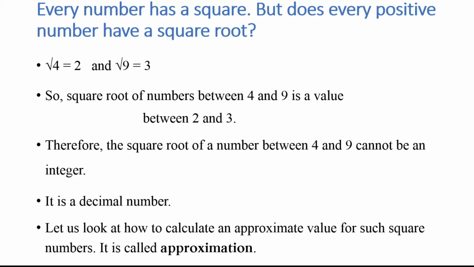So, the square root of a number between 4 and 9 should be a value between 2 and 3. That means, the square root of a number between 4 and 9 cannot be an integer. It is a decimal number. Let's see how an approximate value can be found in this case. Such a value is known as an approximation.